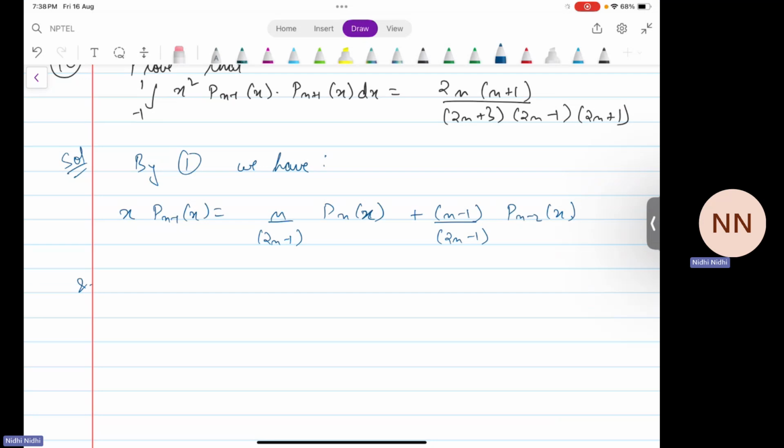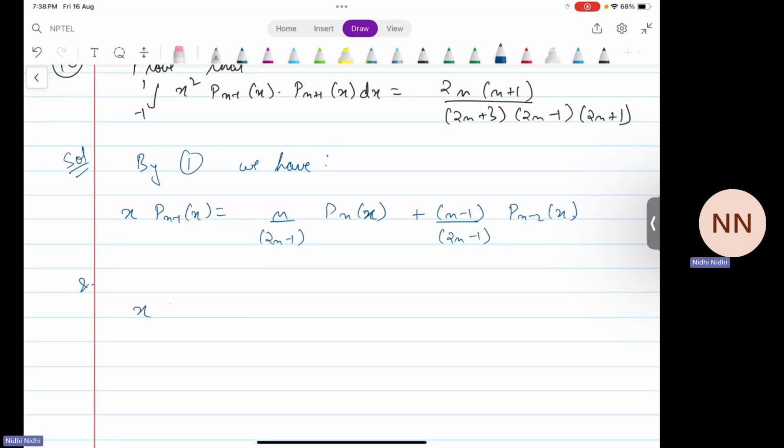So we'll get x times Pn+1(x) is equal to (n+2)/(2n+3) times Pn+2(x) plus (n+1)/(2n+3) times Pn(x).